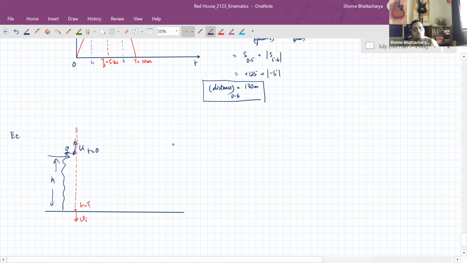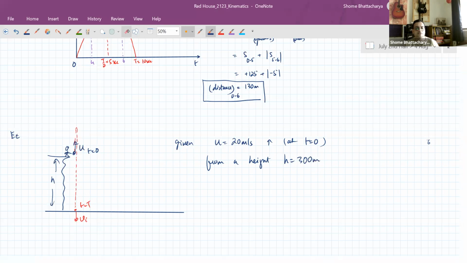So let's do this as a numerical example. Given that the initial velocity is 20 meters per second upwards, as you can see, at t equal to 0, from a height of h equal to 300 meters.